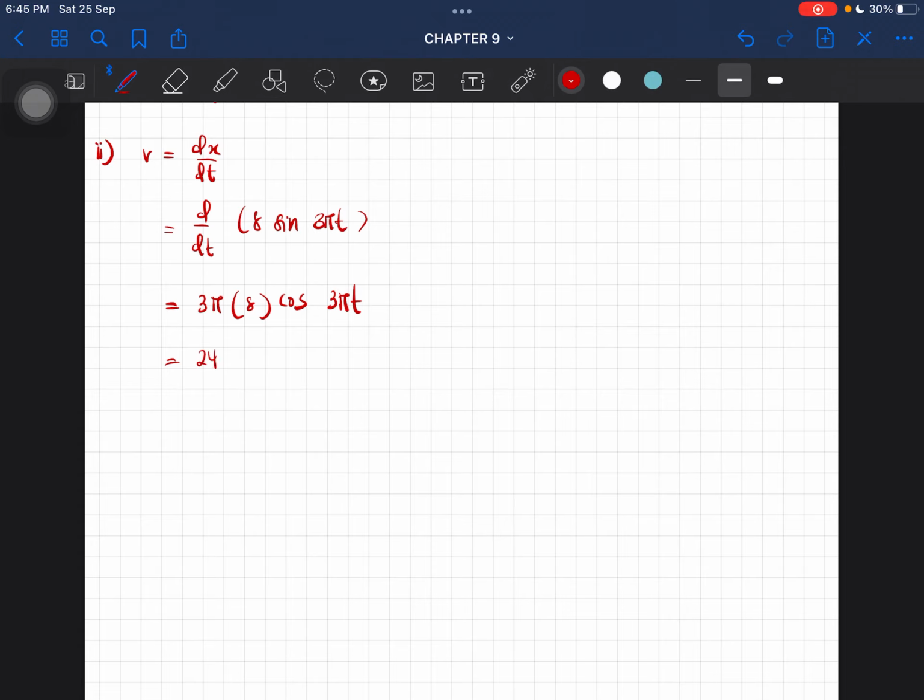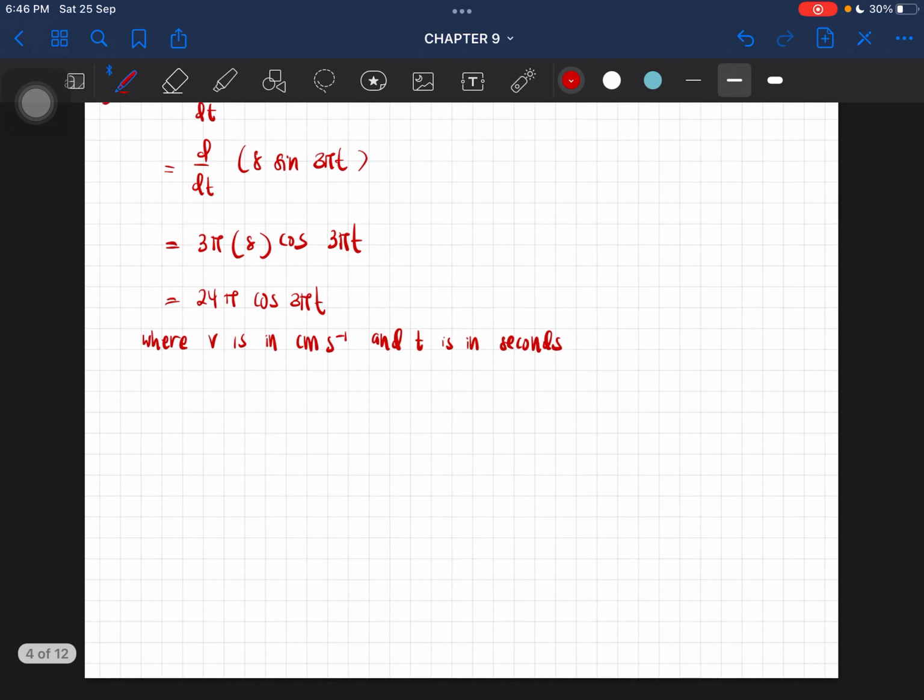So 24 pi cos 3 pi t. So this is the general equation for velocity. But this is not the end. We have to write where v is in centimeters per second and t is in seconds.